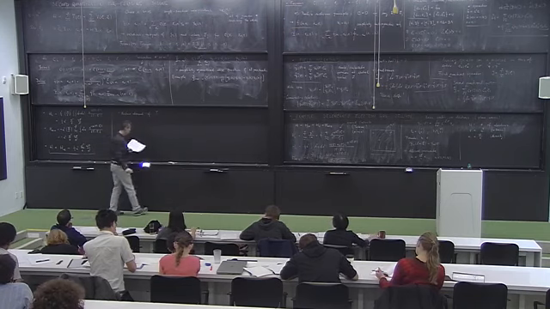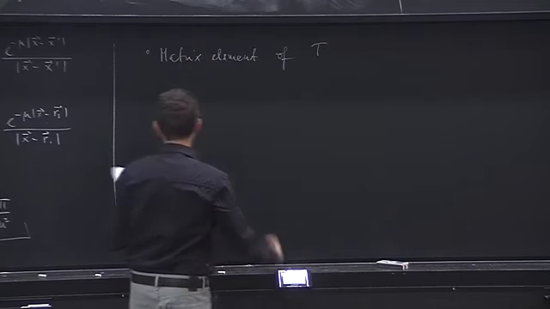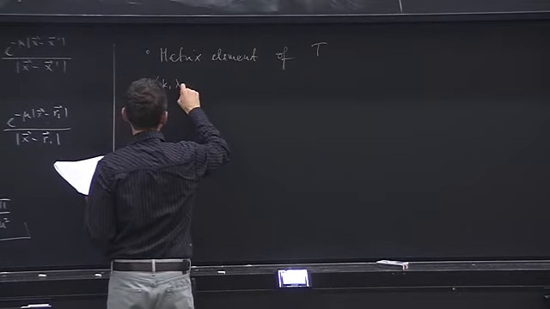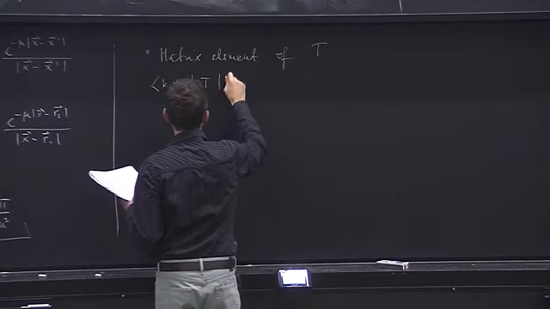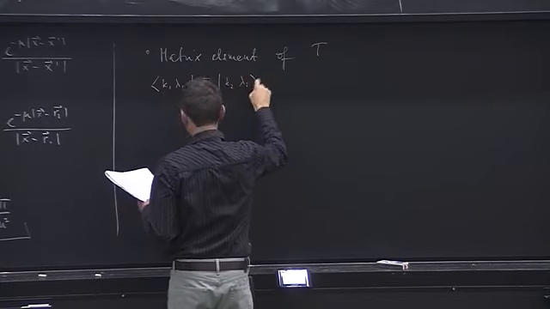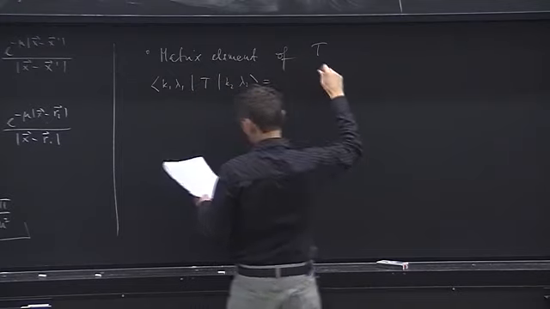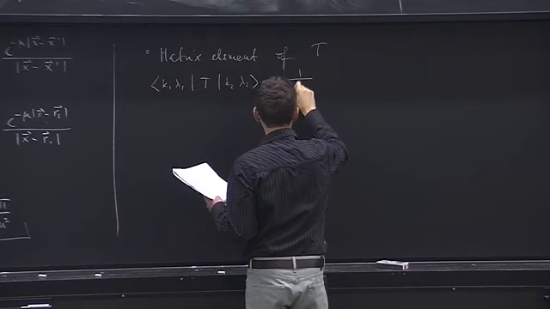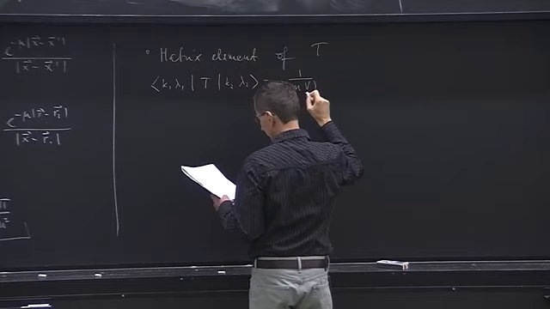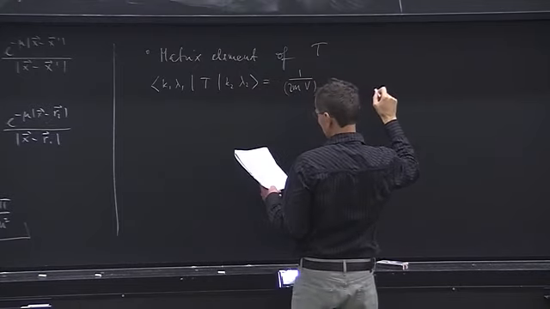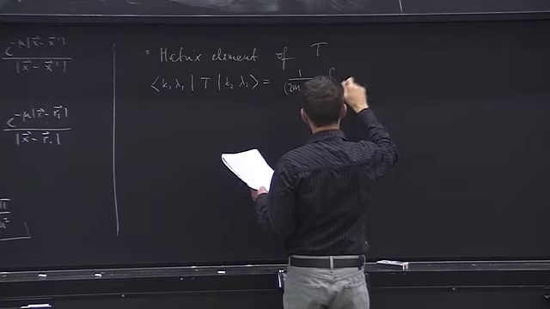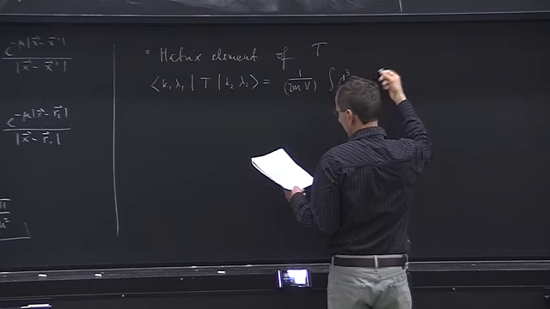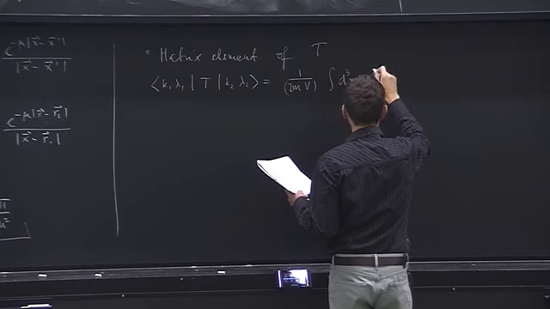So let's start from the matrix element of T, which is the kinetic energy, and it has the following form: <k1 lambda 1|T|k2 lambda 2>. And let's just write it by definition, 1 over 2m, integral d3x. And I'm just plugging in the wave functions, right?